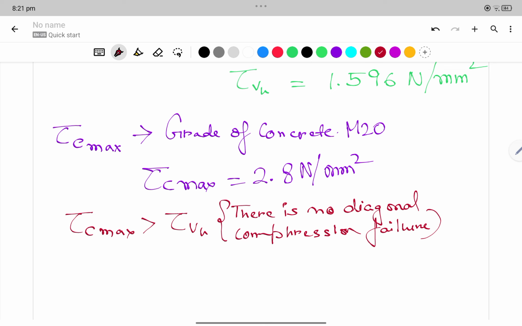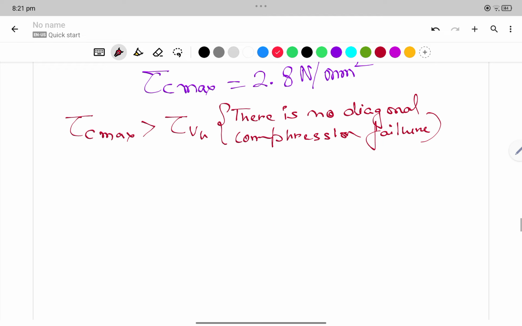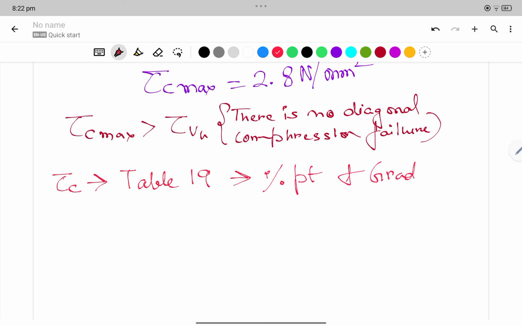Now we will calculate the tau c from Table 19. What are the requirements? The percentage of steel and the grade of concrete are required. So first we calculate the percentage of steel.